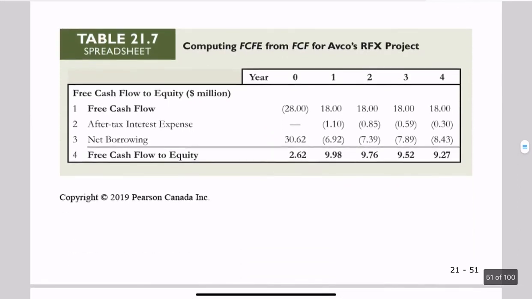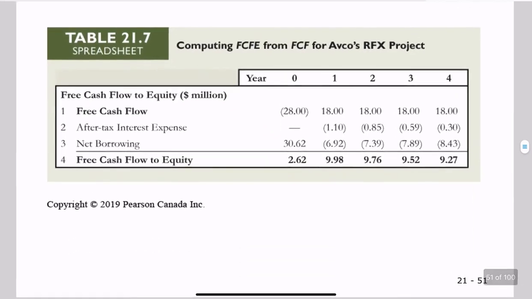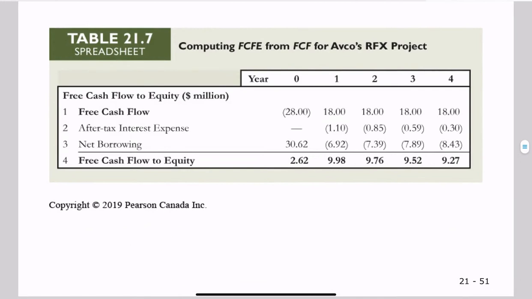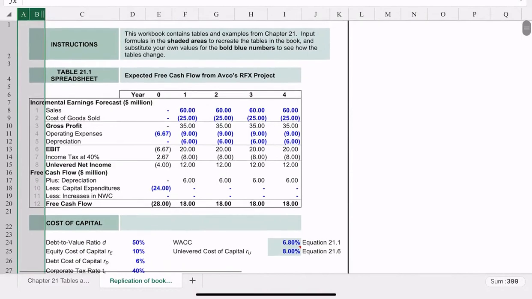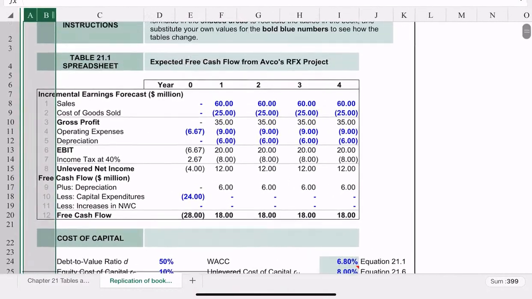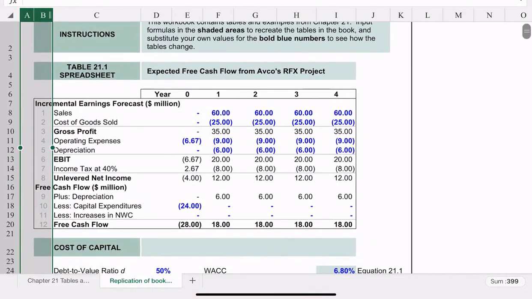Okay, so now we would start from the free cash flow. So let's see, where did we get these free cash flows? Oh, you can see that we get this free cash flow from the first table, right? Here.